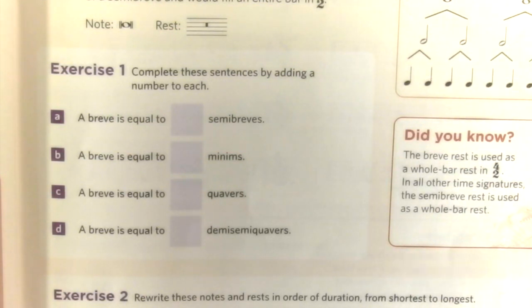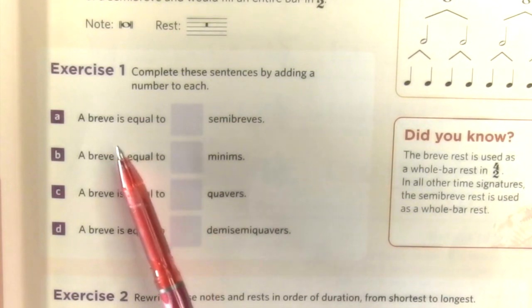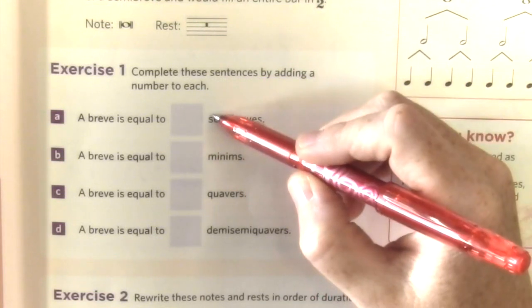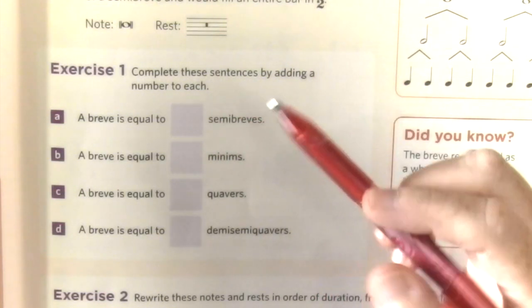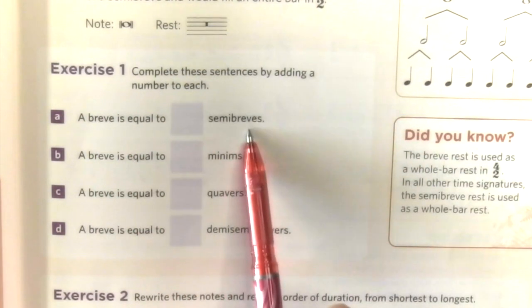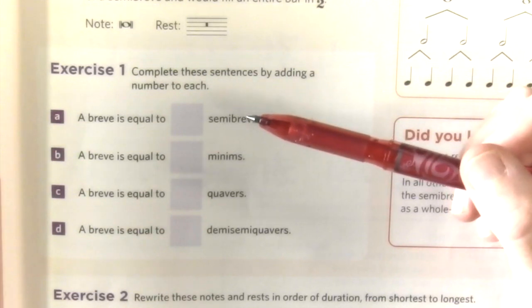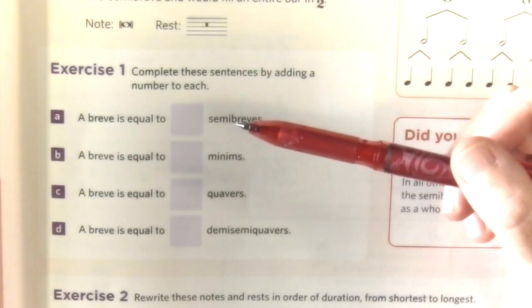Now in exercise 1, we need to do some maths calculations. A breve is equal to 2 semibreves, and also remember that semi always means half. So breve, semibreve, minim, semiminim, which is in fact called crotchet in UK English.